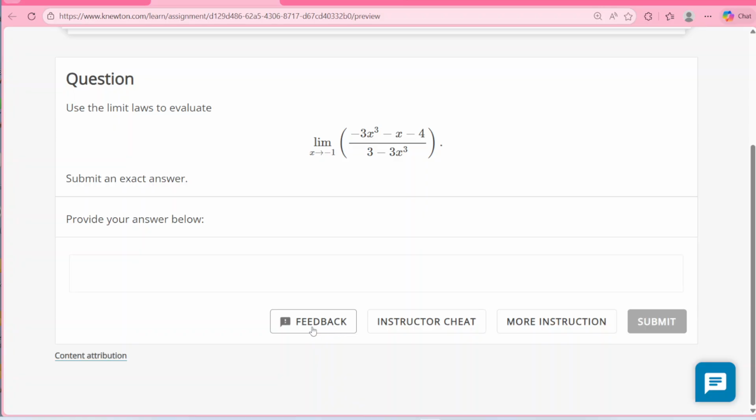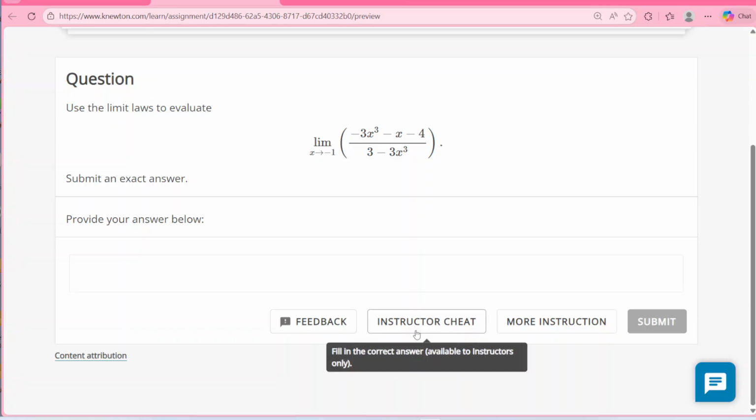If there are any typographical errors or anything that you see as incorrect with either the question or the answer explanations, you can send feedback directly to Knewton's support, and hopefully someone from their team will get back to you shortly and help you fix the issue.